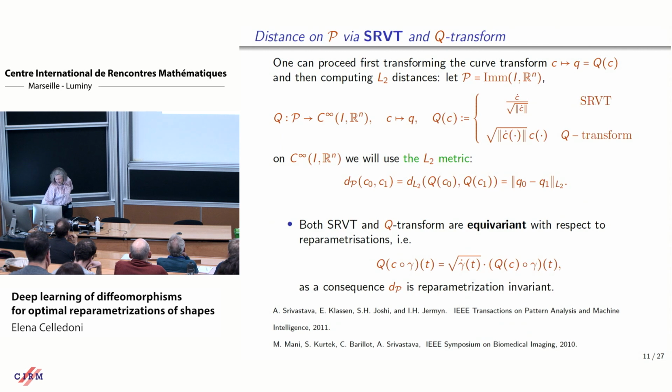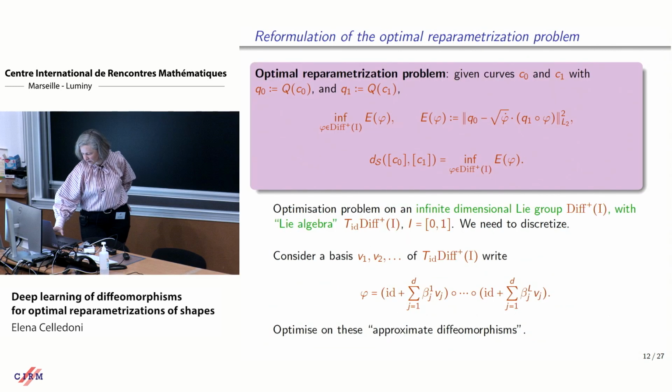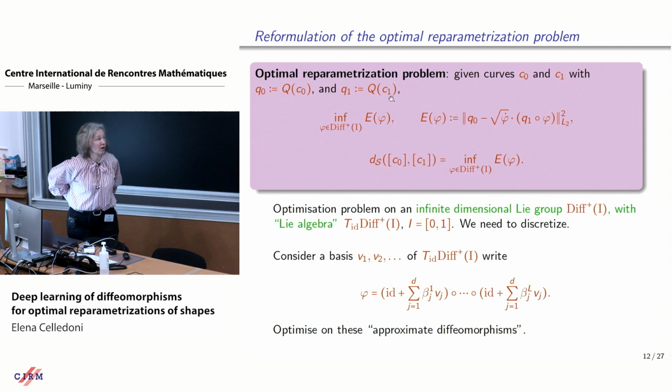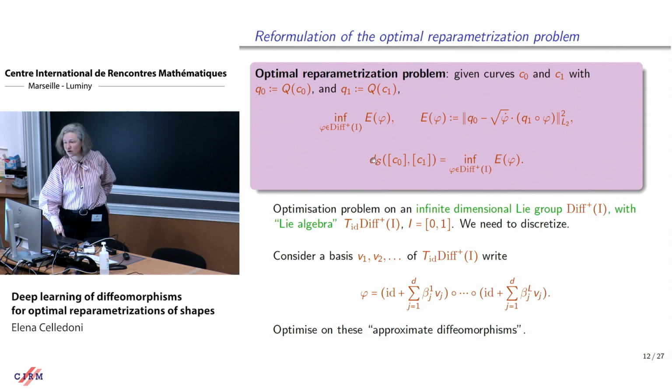Okay, so since I have this setting here, and I want to use this kind of definition for my distance, then to find the optimal parametrization and the distance on the shape space, I will have to solve an optimization problem of this type here. This is simply a reformulation, using the facts that I've discussed in the previous slide, of the distance on the shape space.